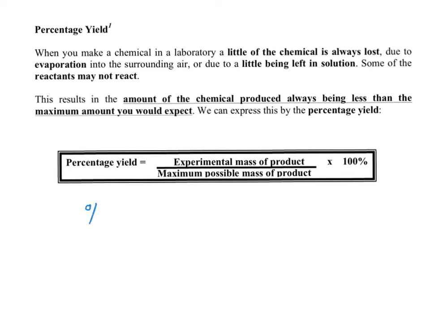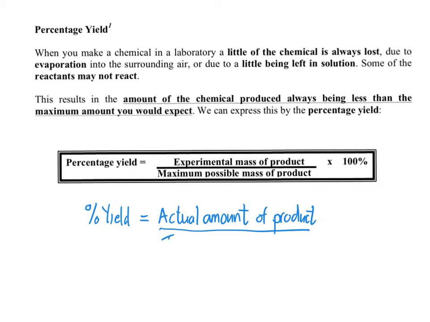We can say that the percentage yield is the actual amount of product produced over the theoretical amount of product predicted, times by 100%.